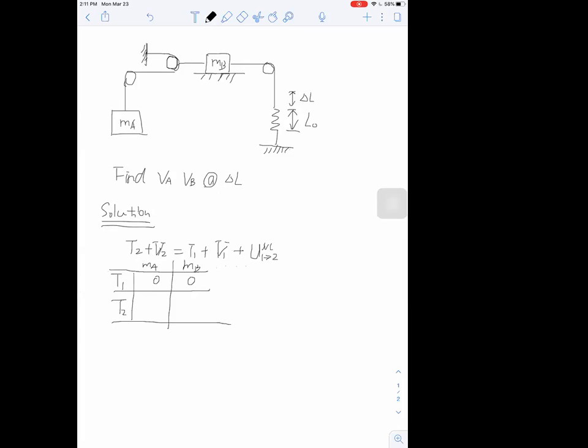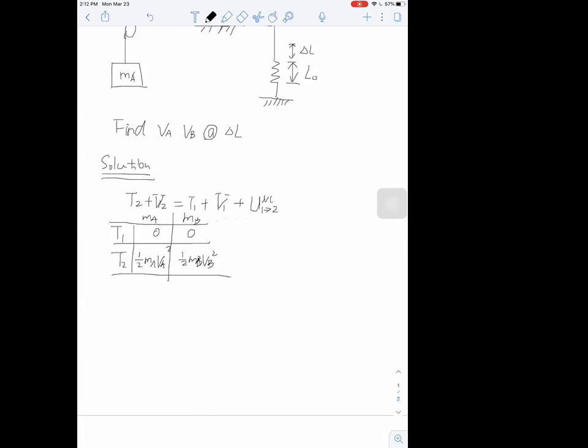We just don't know the value. And that tells us we can write this as 1/2 m_A v_A squared. Same thing for mass B, that is 1/2 m_B v_B squared. Okay, so that's the kinetic energies, which is not too bad.